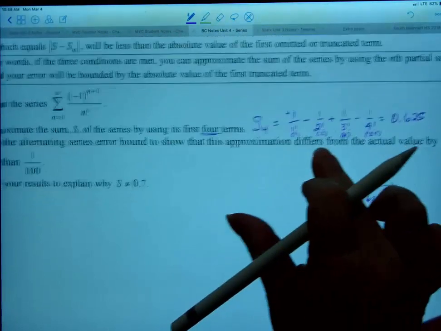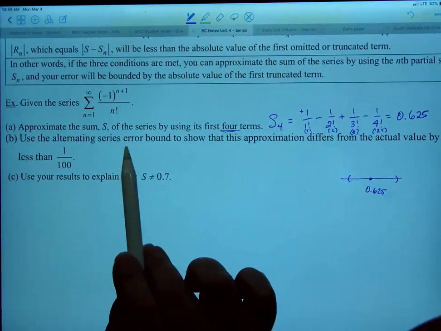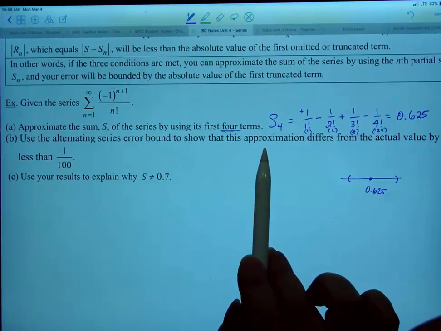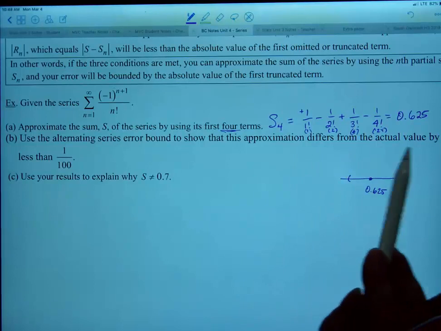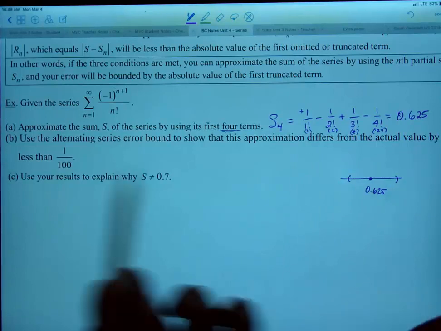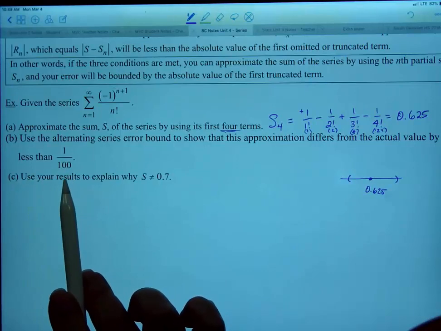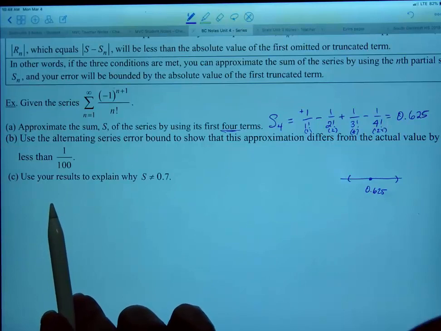Now notice question B. It says use the alternating series error bound to show that this approximation, the 0.625, differs from the actual value by less than 1 over 100. That's very confusing sounding, but it's very easy to compute.